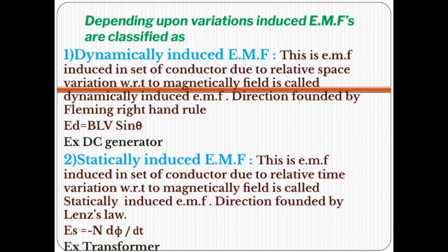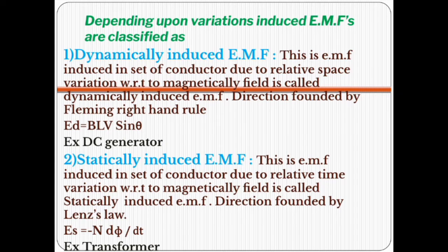We can also write it as e_d equals (v cross B) dot L. Here B is the flux density, L is the effective length of the conductor, and v is the linear velocity with which the conductor is being moved, that means the rotation speed of the conductor. So this is the first one.